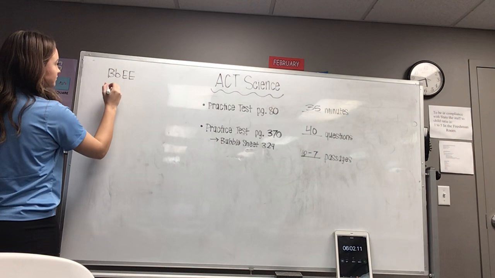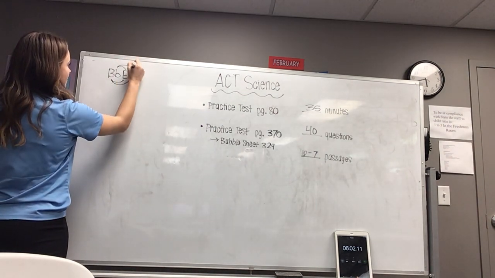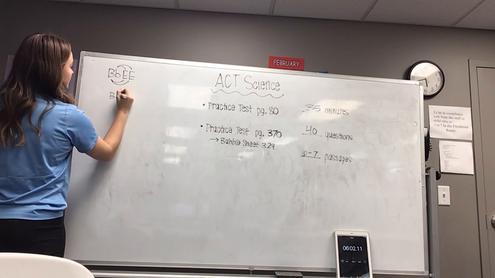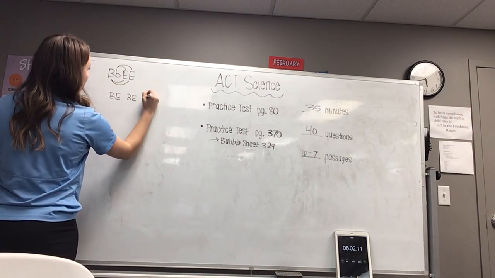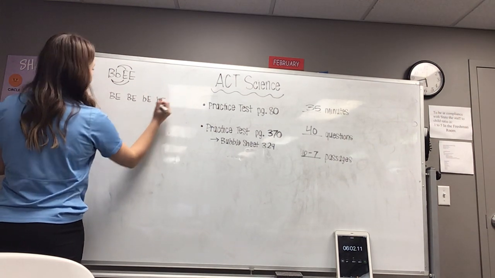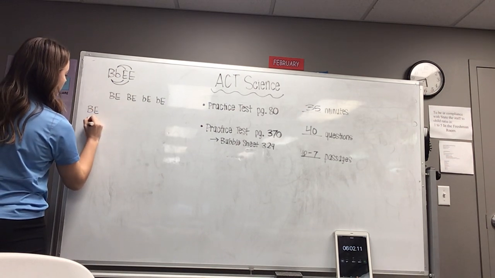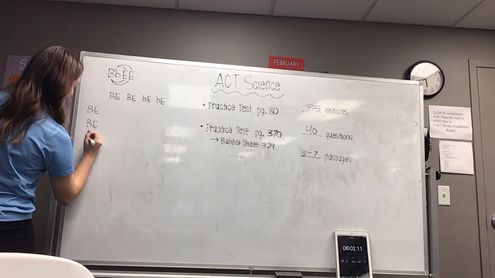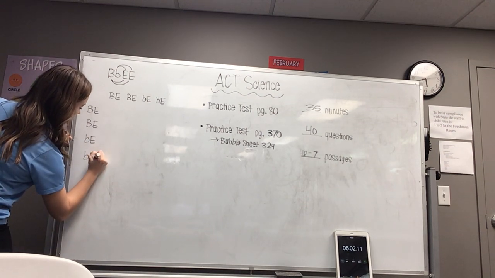So you have to match this way, and then these two. So we'll cross BE, BE, BE, and then BE. Times the same thing. This marker's tiny.